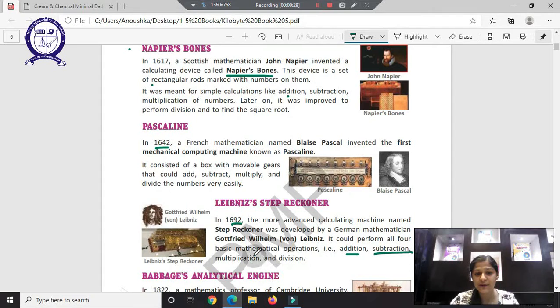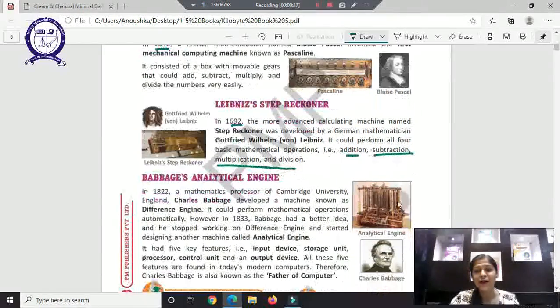As we gradually go down the hierarchy, we see that the devices are becoming advanced. First we could only add or subtract, then we could also multiply, and now in this step reckoner we could also divide the numbers.